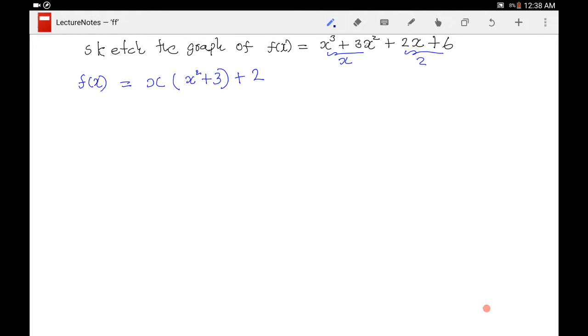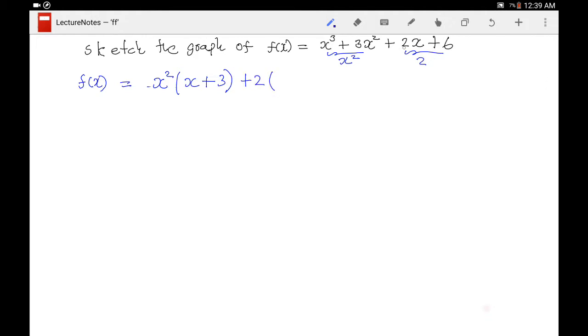So I pull out x squared. What is left? x, because you have x cubed, so one x is left. And then you have 3x squared, I pull out x squared, so x plus 3. And what is common for these two terms? 2 is common, so I pull out 2.